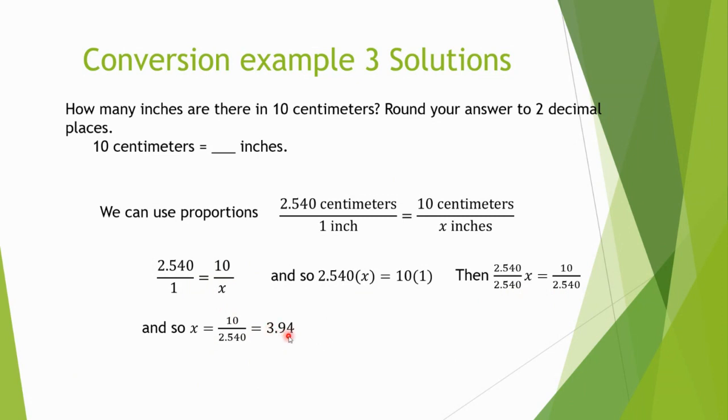Because of the 7, that's why the 3 becomes a 4. So this is what we get here. Okay, any questions? Okay, so let's keep going.